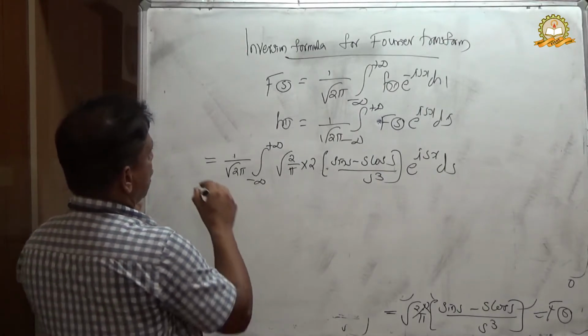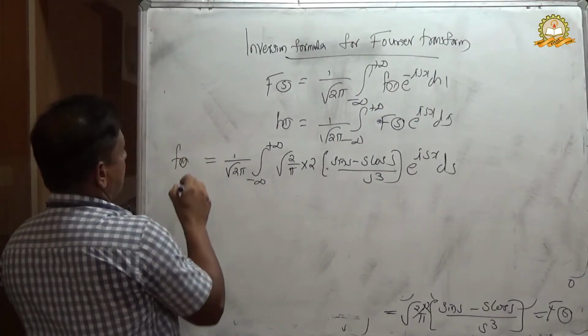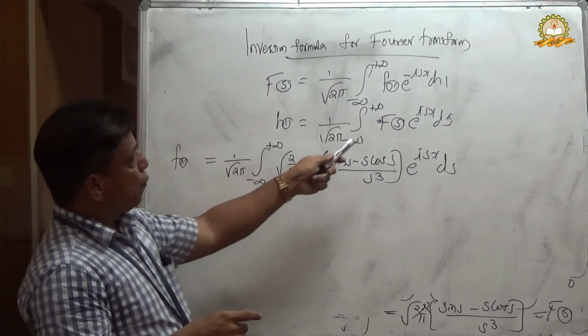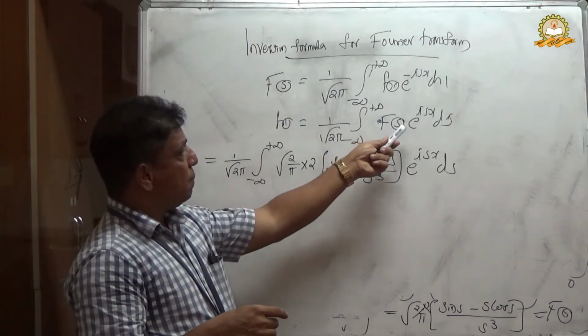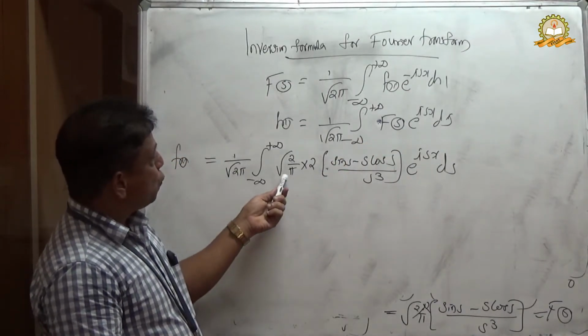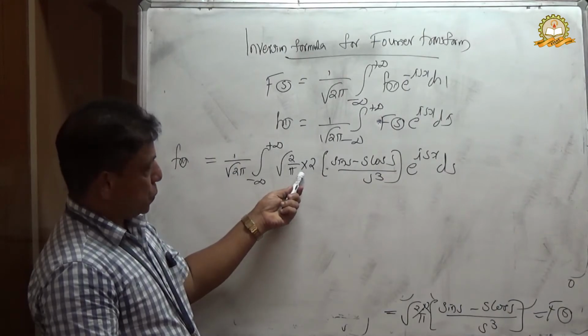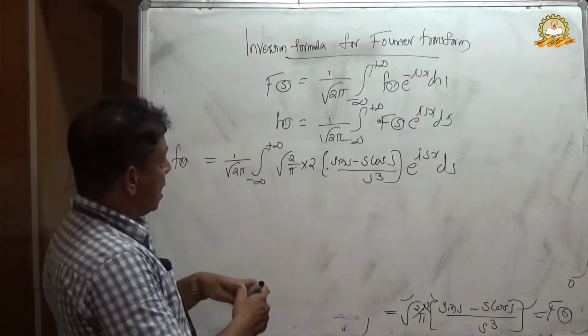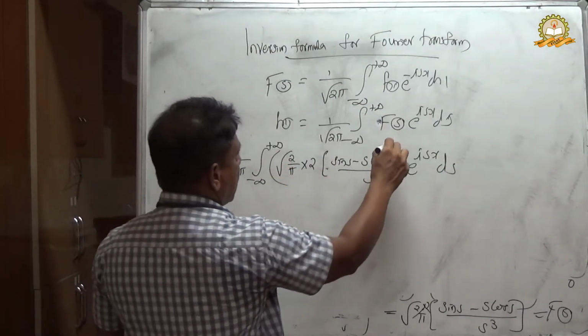Here this is f of x. When we apply the inversion formula, F of x is equal to the integral of f of s multiplied by e raised to isx, where f of s is equal to root of 2 by pi into 2 sin s minus s cos s by s cube. This is the Fourier transform.